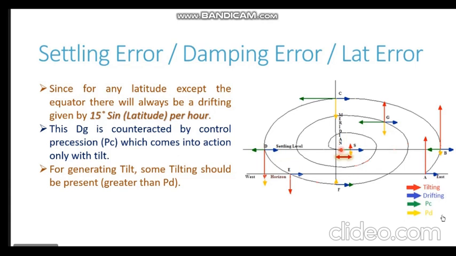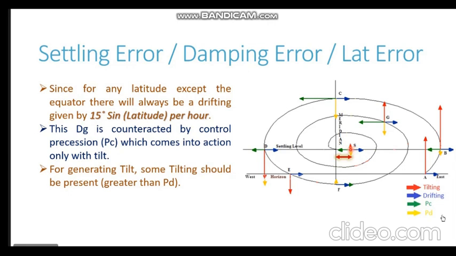You see the green arrow, which is counteracting the drifting. Why do we need to cancel the drifting? Because we want our spin axis to settle down. If the drifting is not cancelled, the spin axis will keep on moving in the easterly direction under the effect of drifting. So we have to counteract it by control precession.